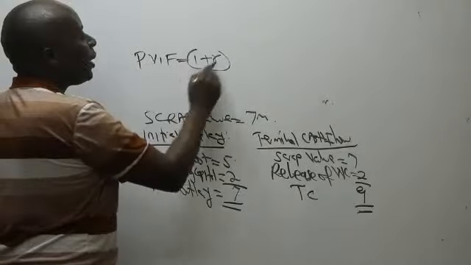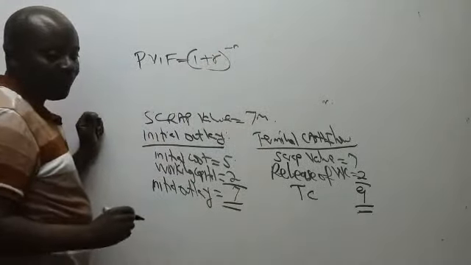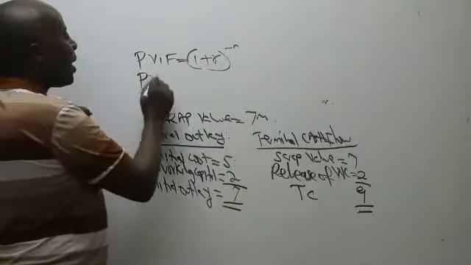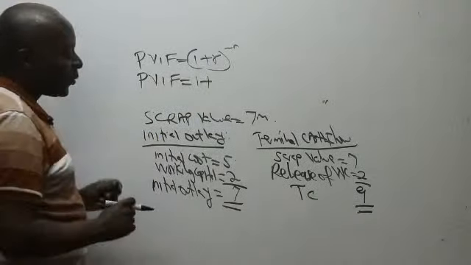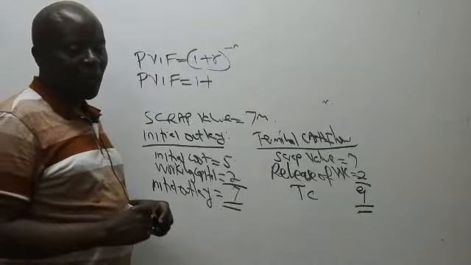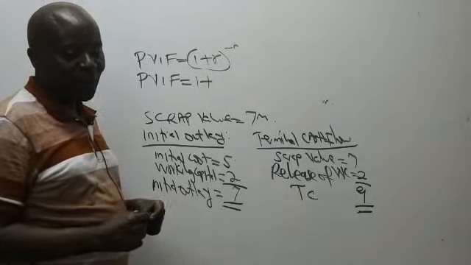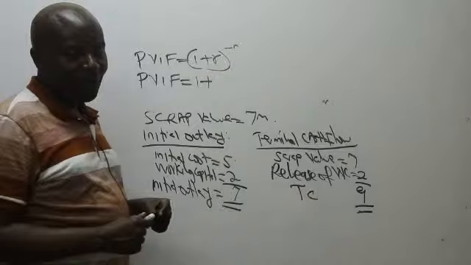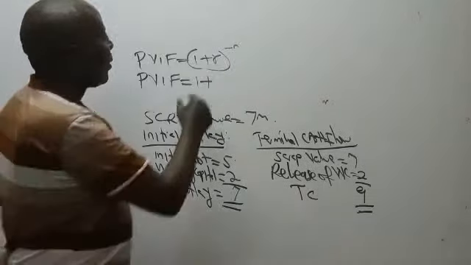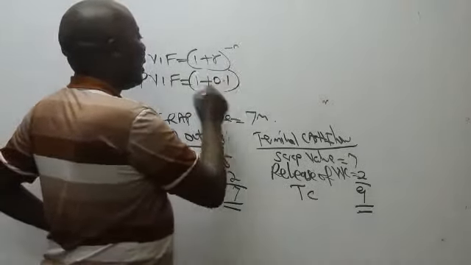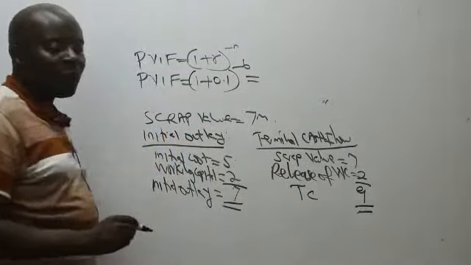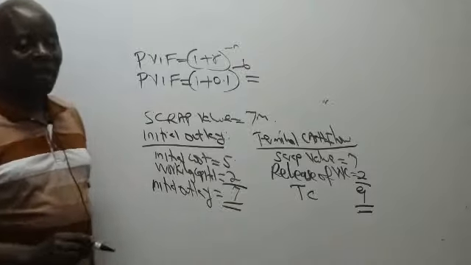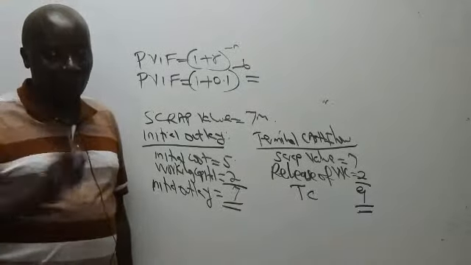We know the formula is 1 plus R raised to negative N. So PVF here will be 1 plus... Who can remind Mwalimu what was the cost of capital? 10%. So then this will be plus 0.1. Number of years are 6 years, negative 6. So at the end of the day, what are we talking about here as our PVF? Our PVF will be equal to what?